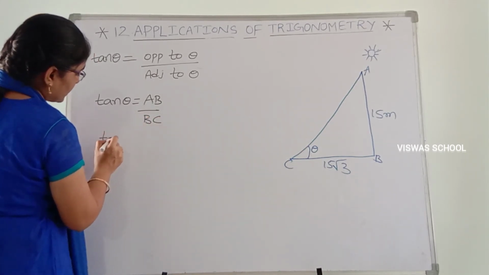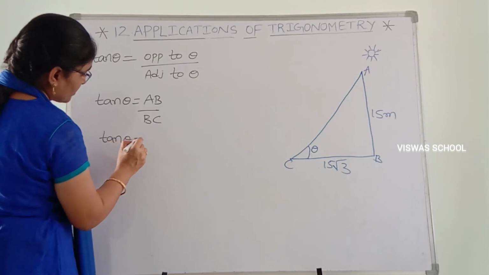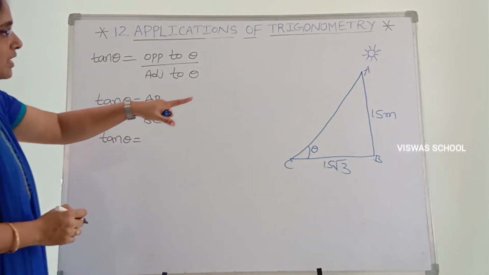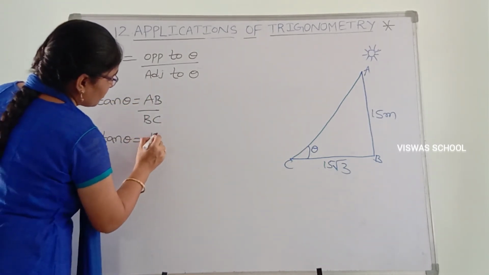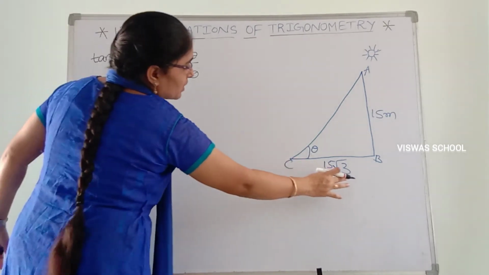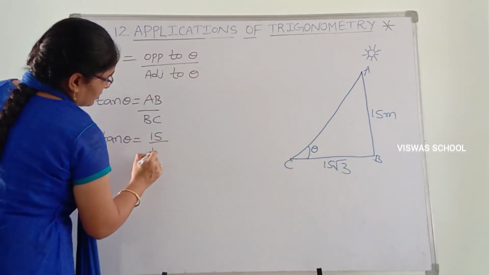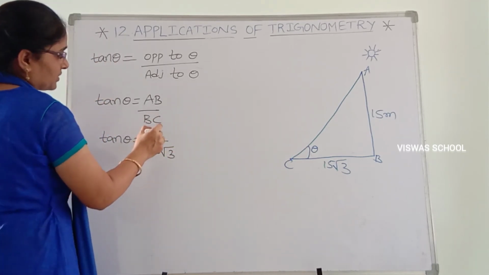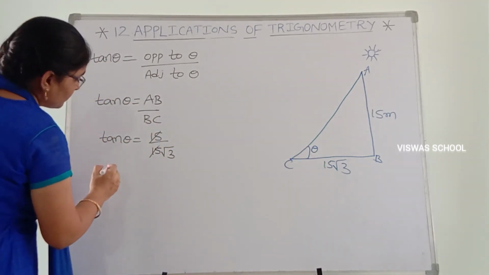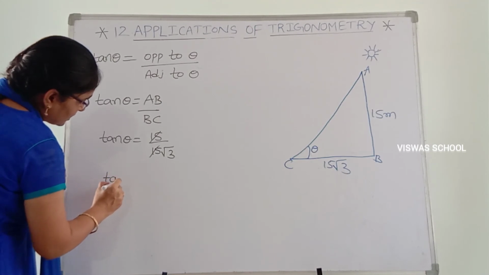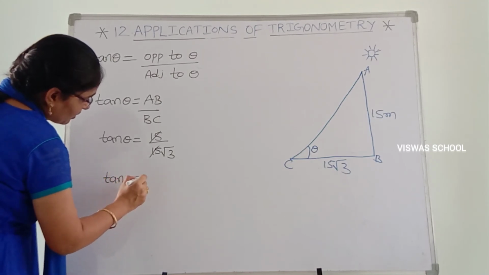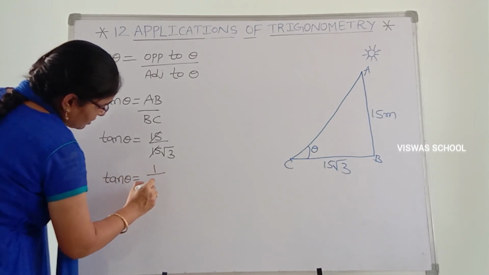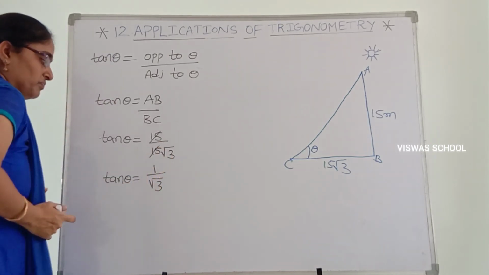Now tan theta is equal to AB by BC. AB is 15 meters and BC is 15√3. The 15 and 15 are cancelled. Now tan theta is equal to 1/√3.